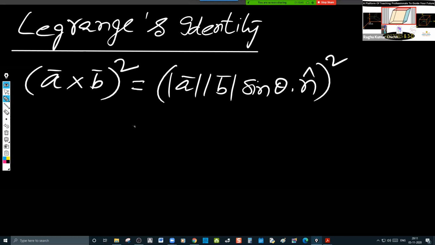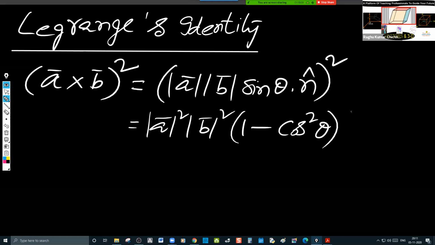Mod A bar square, mod B bar square into sine square theta. That sine square theta I'll write as 1 minus cos square theta, and the unit vector modulus is 1, so 1 square will be remaining and eliminated. Now, if you split it, what do you get? Mod A bar square, mod B bar square.